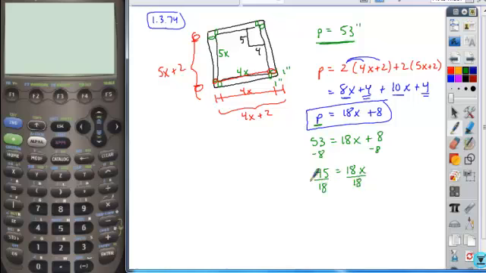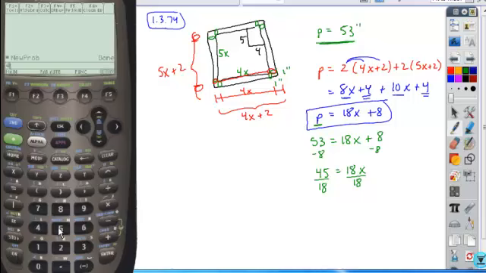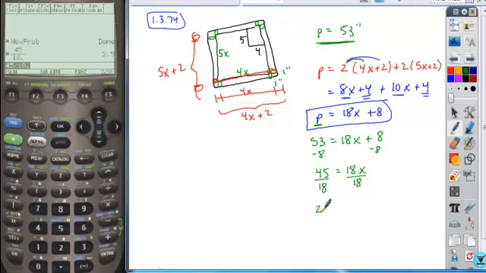Solve for x by dividing both sides by 18. So if I get 45 divided by 18, I get 2.5 as my answer. And so that is my multiplier. So I need to increase the size of the photo 2.5 times its original in order for that outer dimension to be 53 inches, or that outer perimeter.